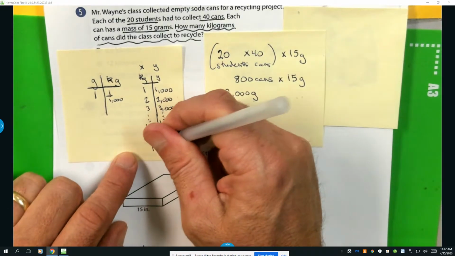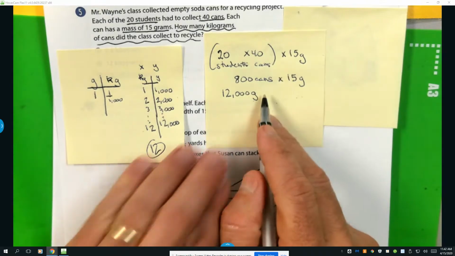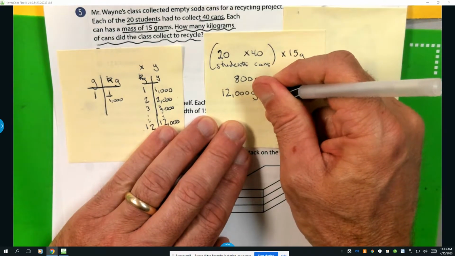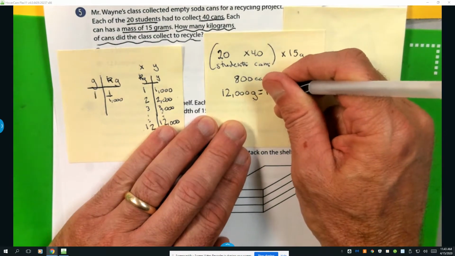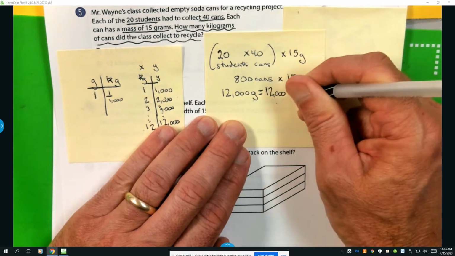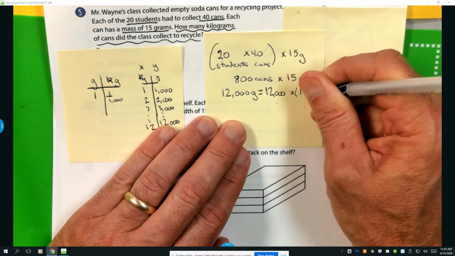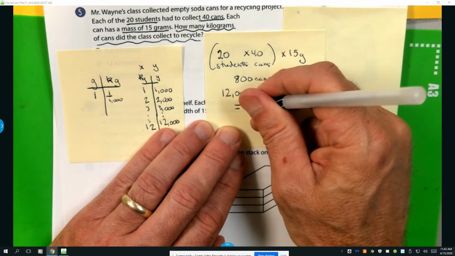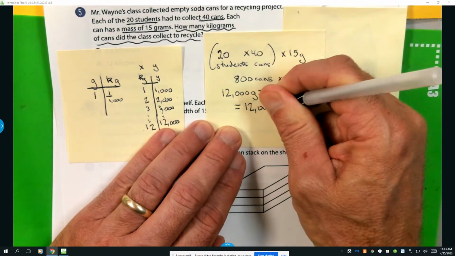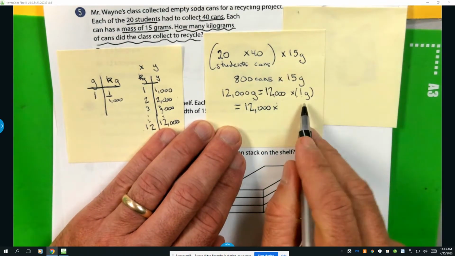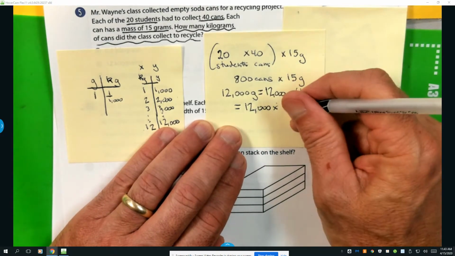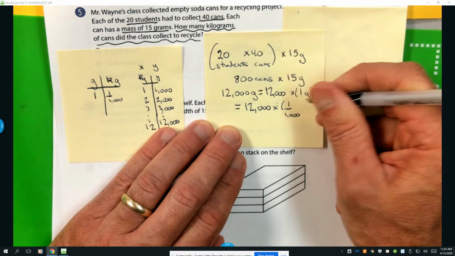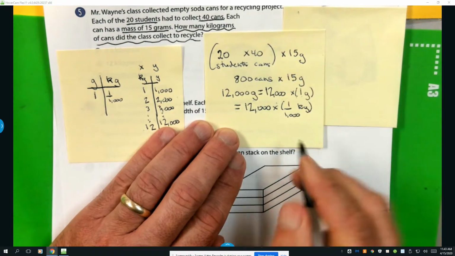So your answer overall would be 12, but I'm going to show you how I would do this as our conversion. So 12,000 grams to kilograms is going to be the same as saying 12,000 times 1 gram. That's the same as saying 12,000, and now I'm going to do my conversion, grams to kilograms, times 1/1000th kilogram.